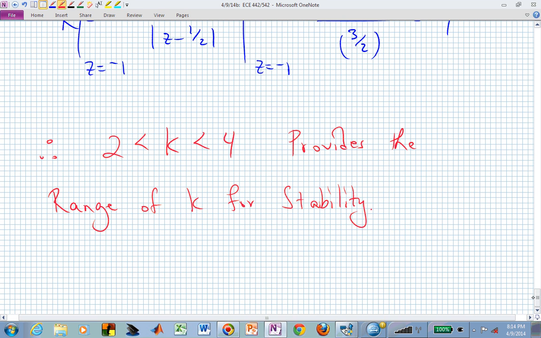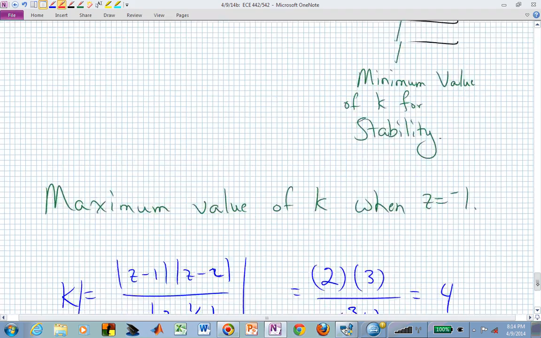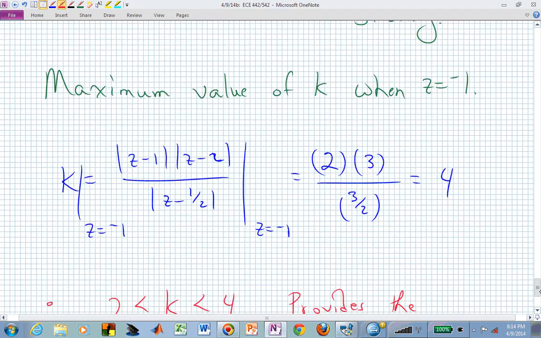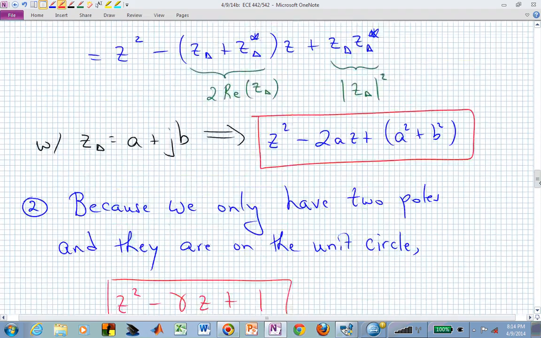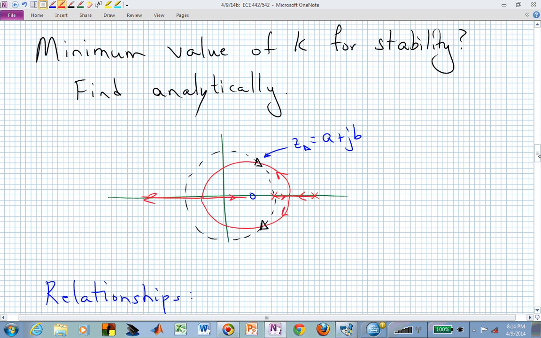And hopefully then, if you wanted to, you could pick a k between 2 and 4, and you might want to pick it so that you are still in the first quadrant, maybe what you would want your value to be for a closed loop behavior. And that might be your desired dominant poles. You could then find the radial distance at that value of gain k.